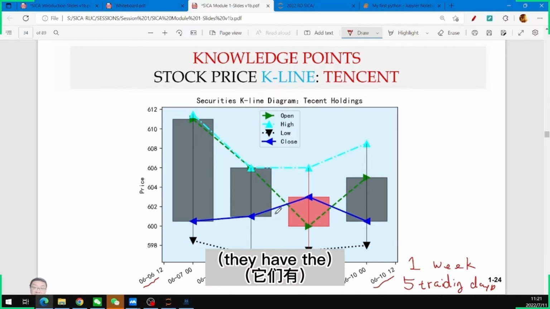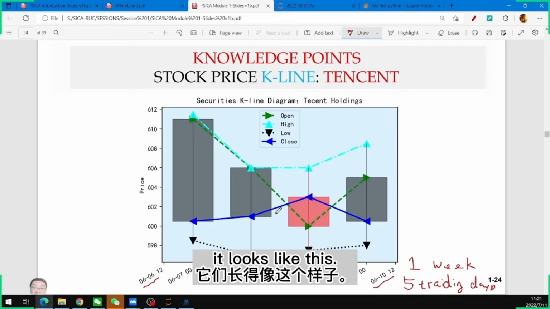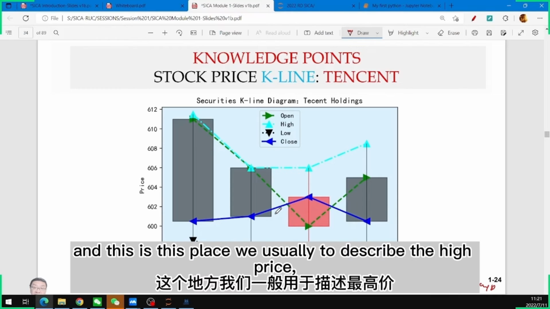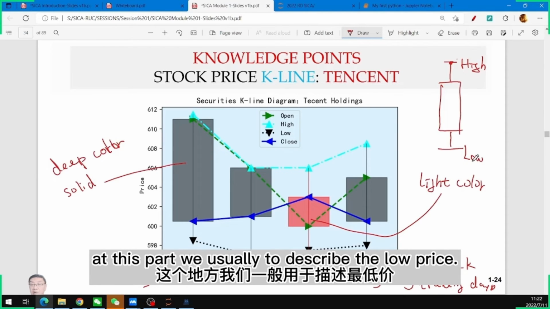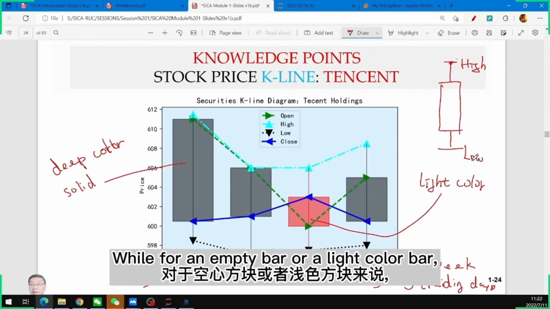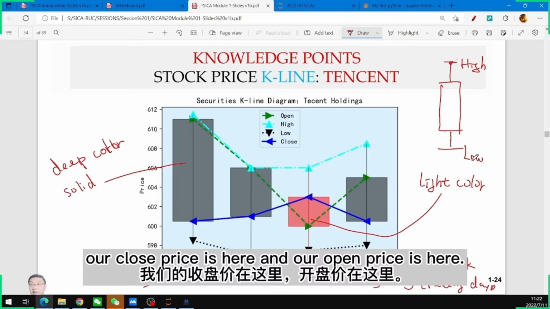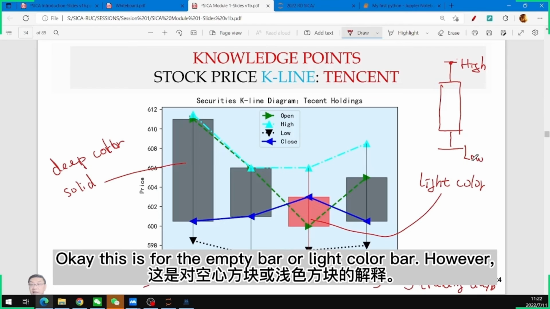Usually it looks like this. This place we usually use to describe the high price, and this part the low price. While for an empty bar or a light color bar, our close price is here and our open price is here.